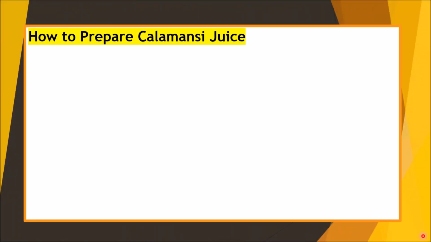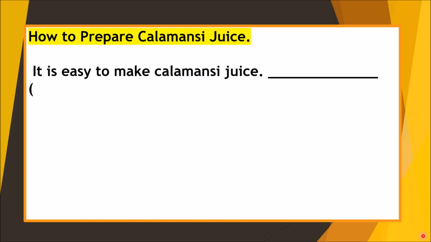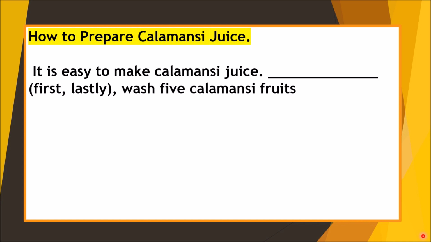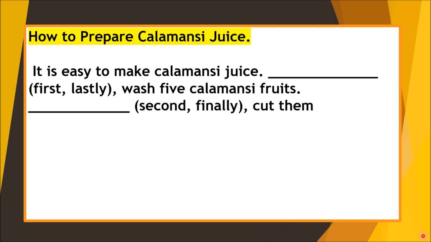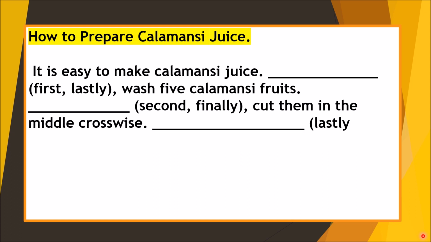How to prepare calamansi juice. So you have to choose again the correct answer in there. Okay, it is easy to make calamansi juice. First, lastly, wash 5 calamansi fruits. Second, finally, cut them in the middle crossways.